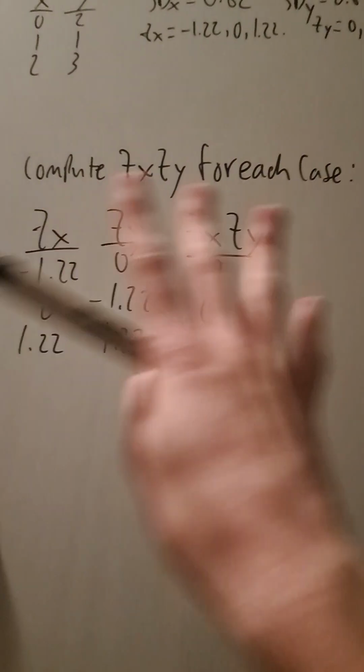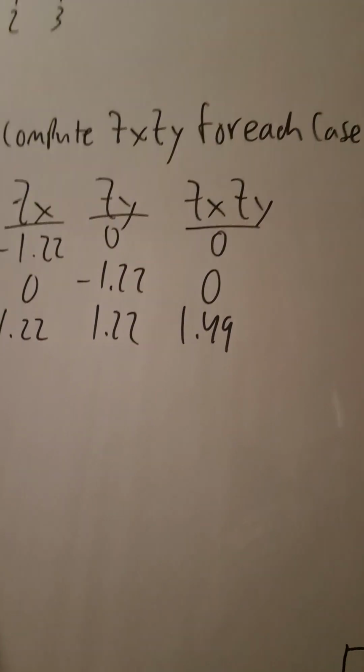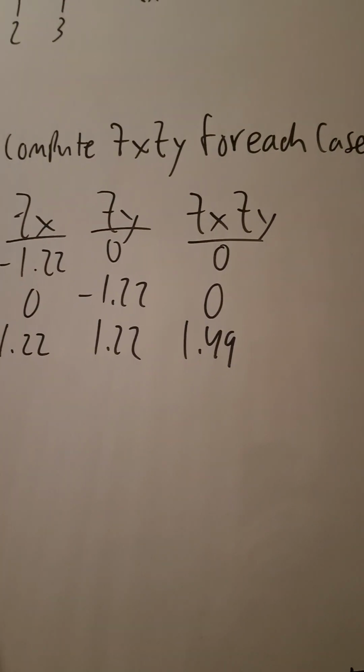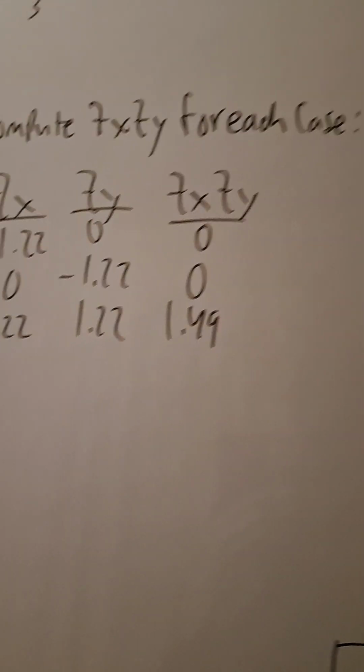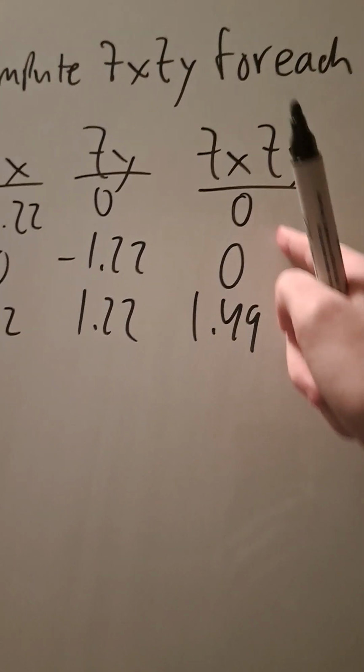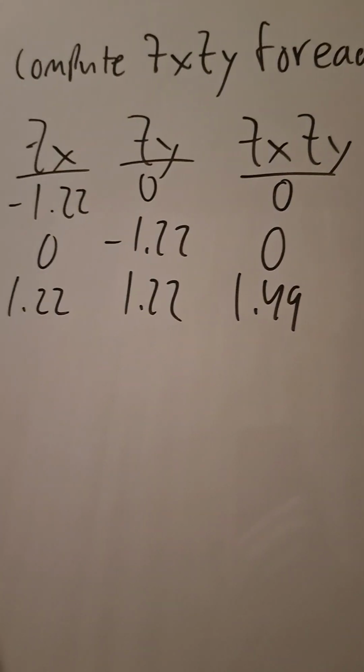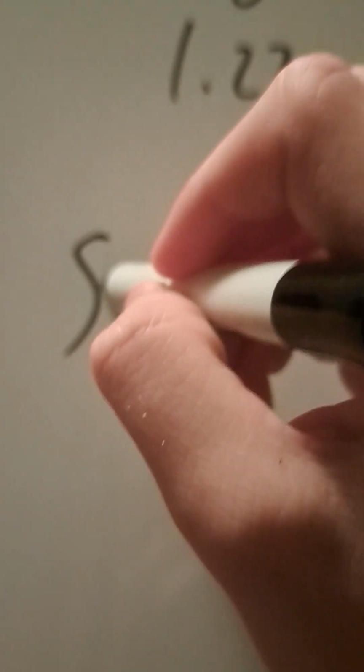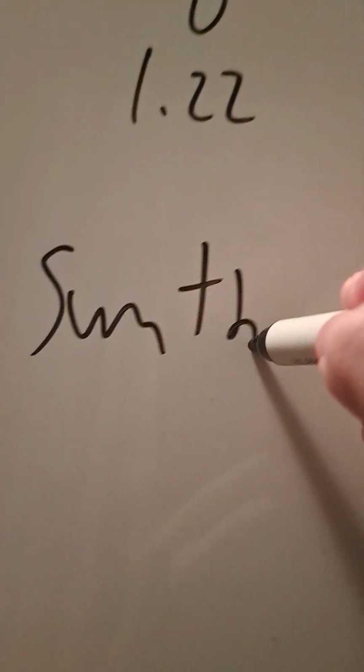So this was the first step in calculating r: compute z of x times z of y for each case. These are the values we get when we do that. Now our next step is to sum the cross products.